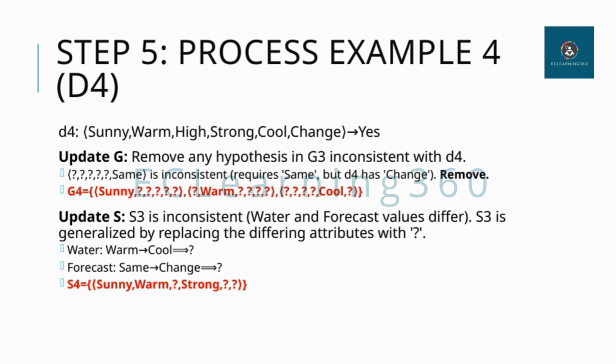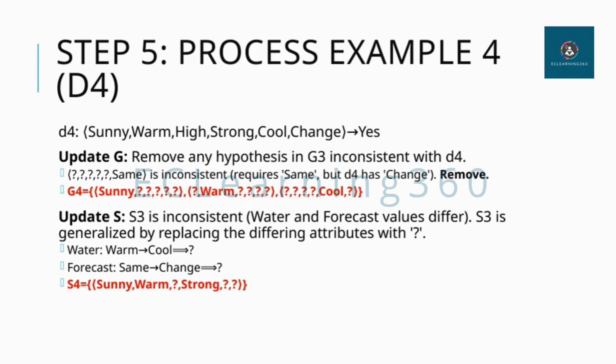Now let's move on to step 5, which is process example 4, or D4. In this step, we look at how we update our hypothesis set, G, based on a new example. The example we're working with is sunny, warm, high, strong, cool, change, which leads to a positive outcome, yes. First, we need to update G by removing any hypotheses that are inconsistent with this new example.